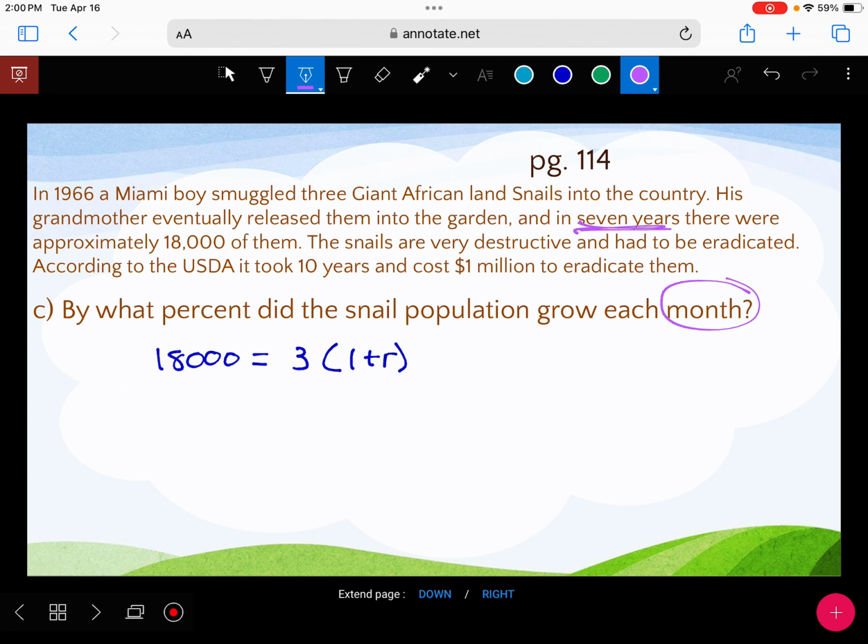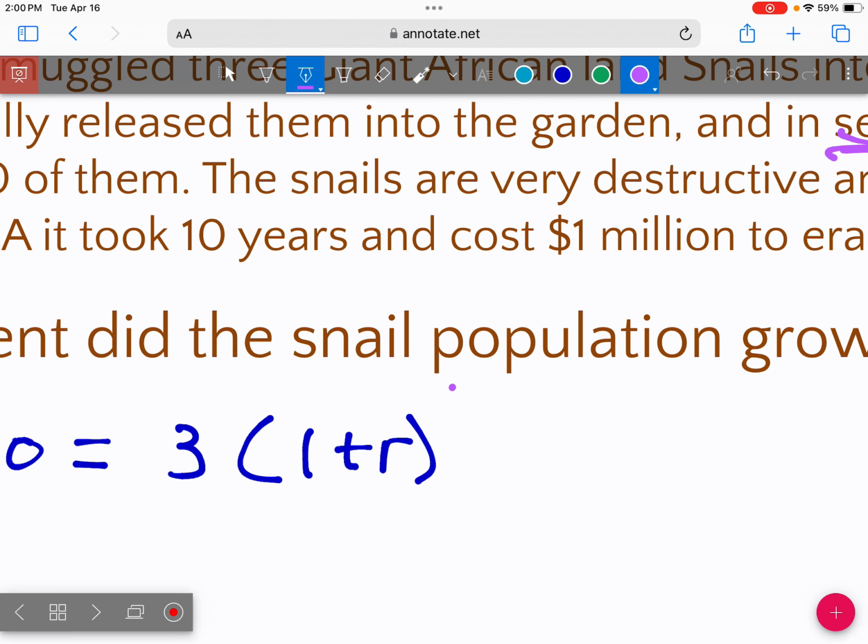So I know that there's 18,000 after 84 months, which I got because I need the music to turn down, please, because it's really distracting to me. Whatever sound we're listening to over here, I need it to turn down.